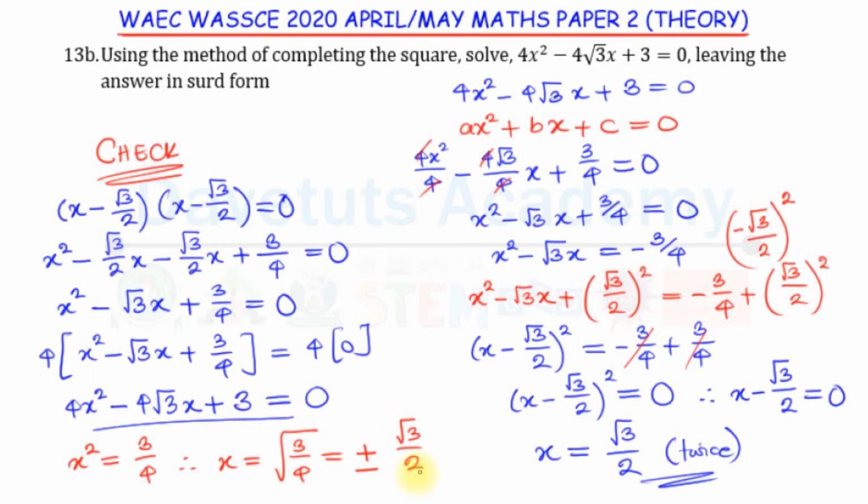Square root of 4 is 2. But what we have here is not that x squared is equal to 3 over 4. You can see the square here was knocked out directly in this particular location, and then our x is root 3 over 2 twice. And that is the solution to this particular question.